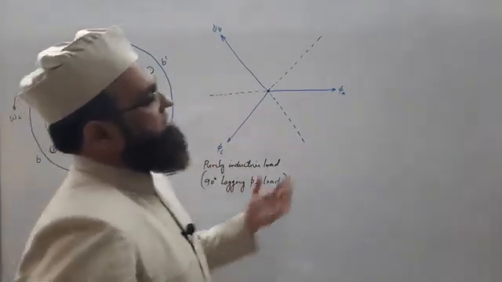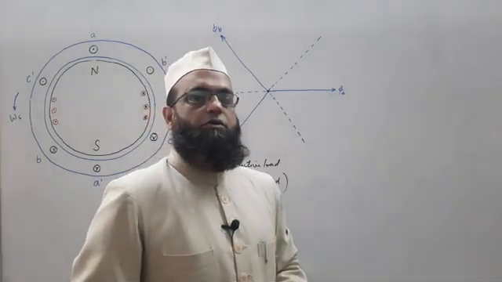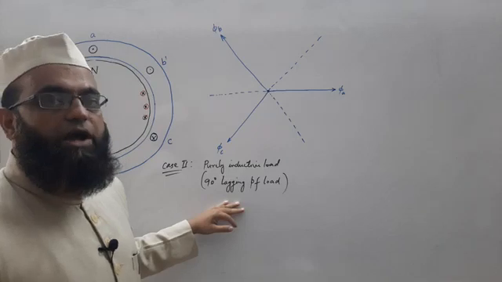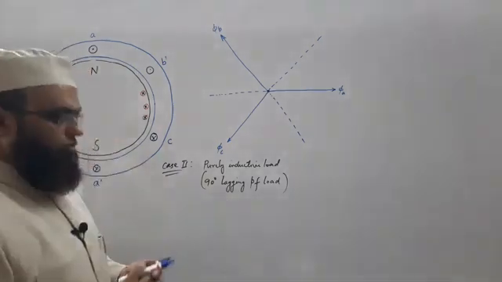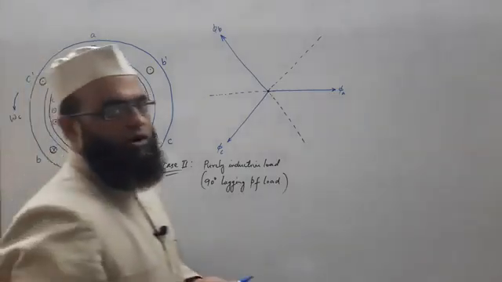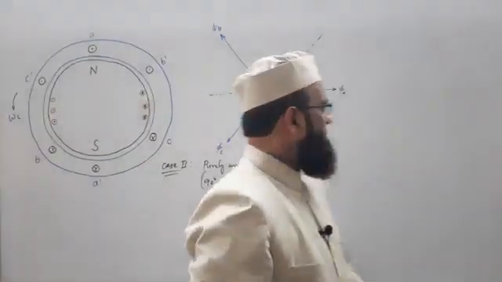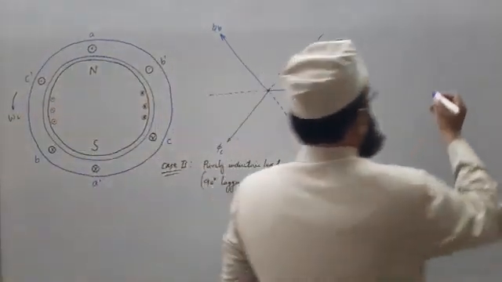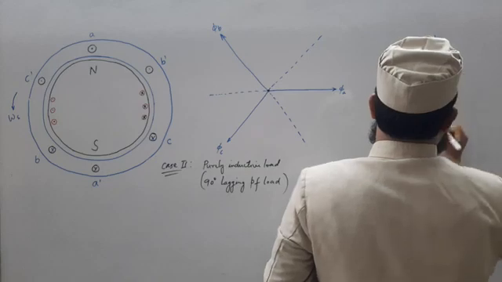So adopting the same procedure, for such a type of load we will try to find out the instantaneous values of EMFs induced in the three phases of a stator winding. For phase A, it was maximum, if you remember, along the vertical axis.